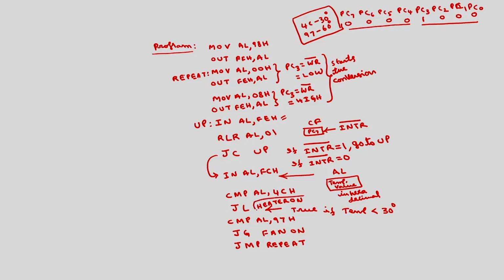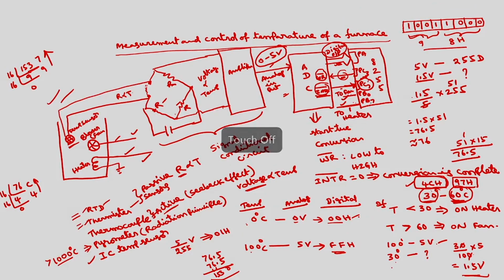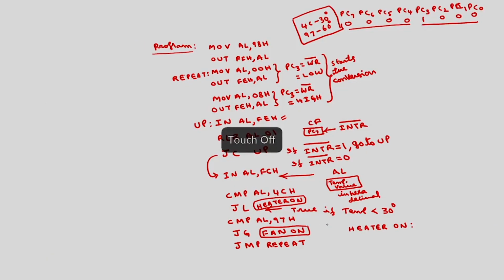So, at heater on, you have to write some program, and at fan on, you have to write some program. Heater on: the heater is connected to pin PB7. So, PB7 you have to make 1. To make PB7 as 1, move AL comma ATH.